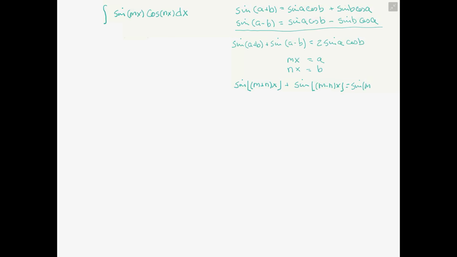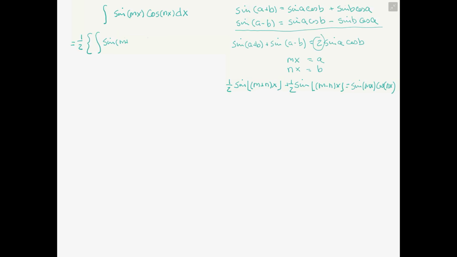That's how we're going to go. Equals 2 sine mx cos nx. So we replace that integrand. We have to put a 1/2, I forgot, because of the 2. We don't want to forget that. So we have 1/2, and we're going to bring that on the outside.